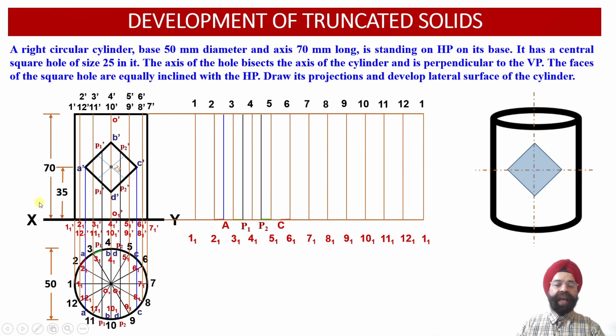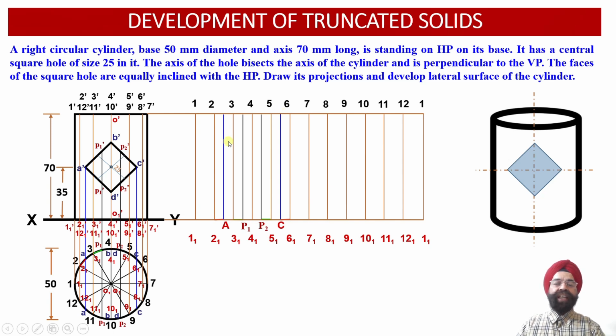Now the next point happens to be point C on the rear side. We know that point C on the rear side lies between circumference points 5 and 6. Again, we can measure the distance from point 6 to point C, mark the same distance over here, and a blue vertical generator corresponding to the point C we have been able to locate.